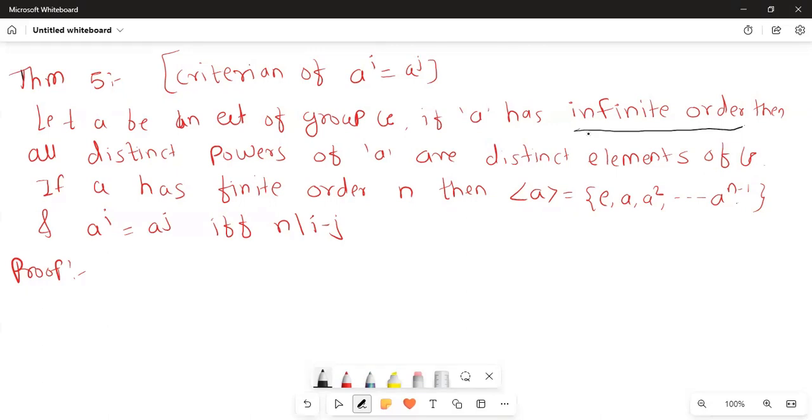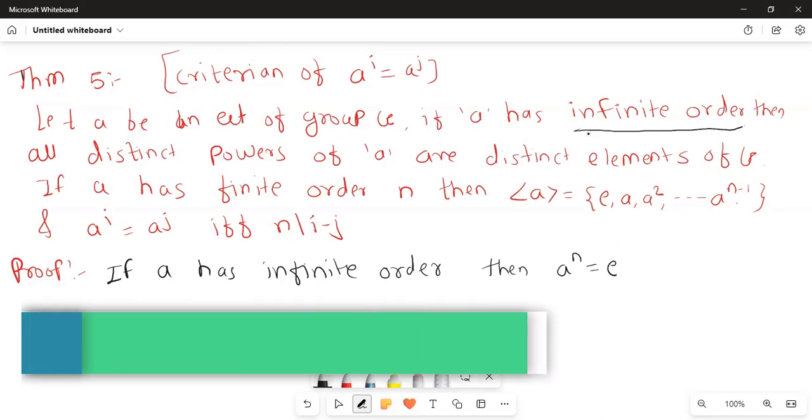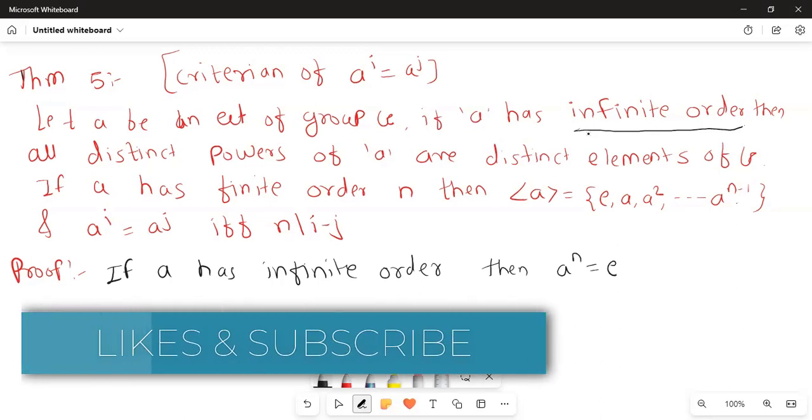तो पहले क्या है? a has infinite order है. तो if a has infinite order है then a raised to n which is not equal to e, n होगा पॉजिटिव नेगेटिव.